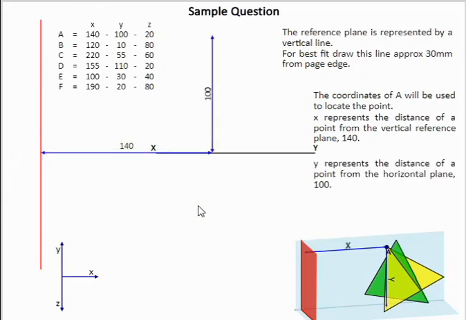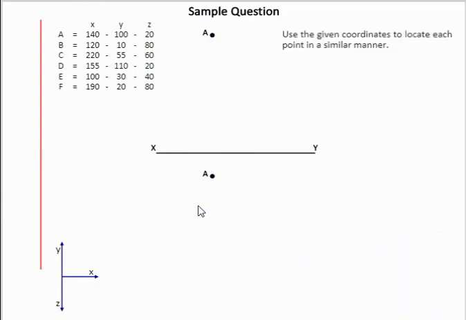So we're measuring out for A, then it's over 140, up 100, and then down 20, and so on for all the other points. B then is 120, up 10, and down 80, and so on for C. And basically this is all the points located then.